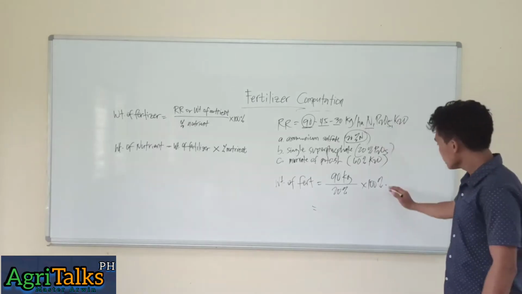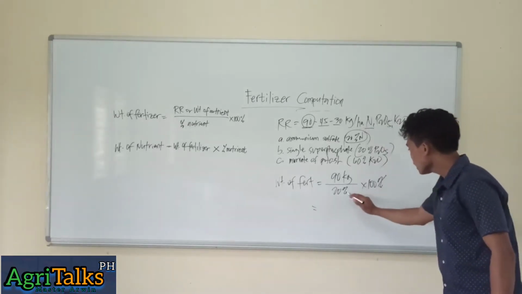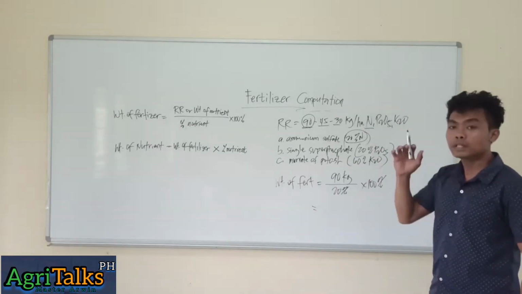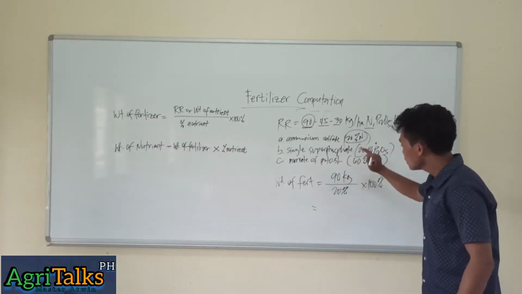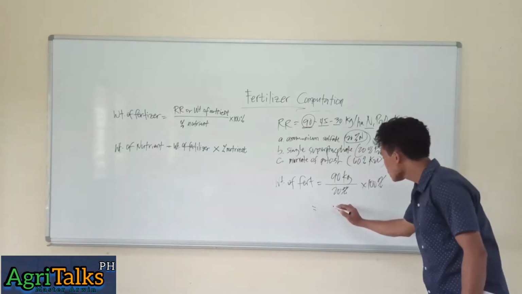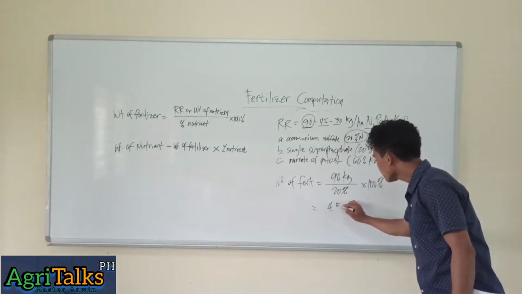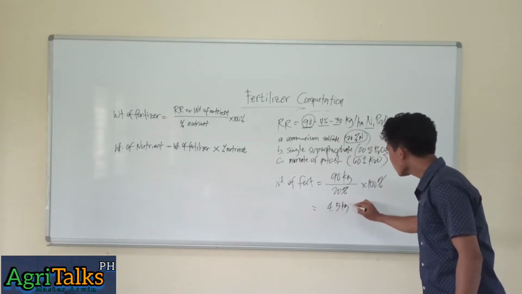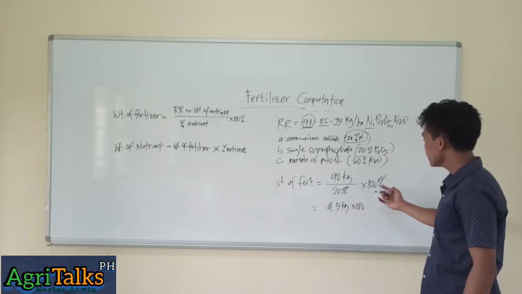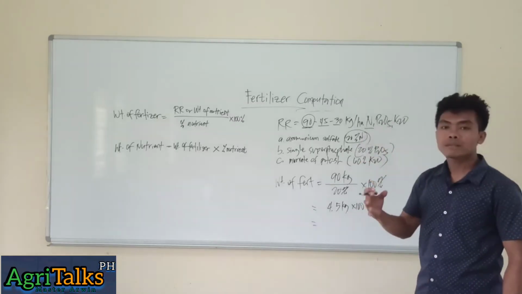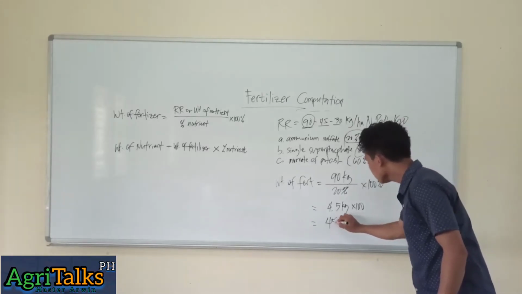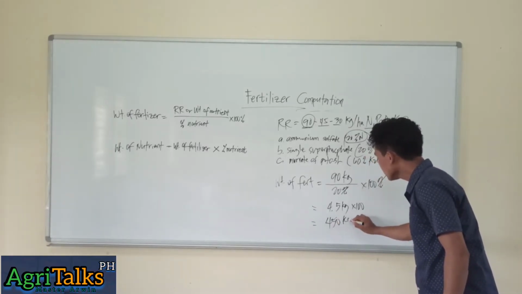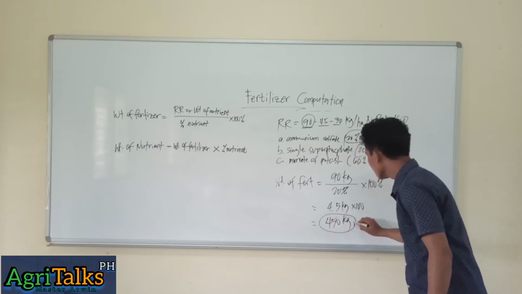Then, you cancel percent and percent. So, kilograms na lang yung matitira. So, 90 divided by 20, that is 4.5 kilograms times 100. So 4.5 kilograms times 100, that would be 450 kilograms.